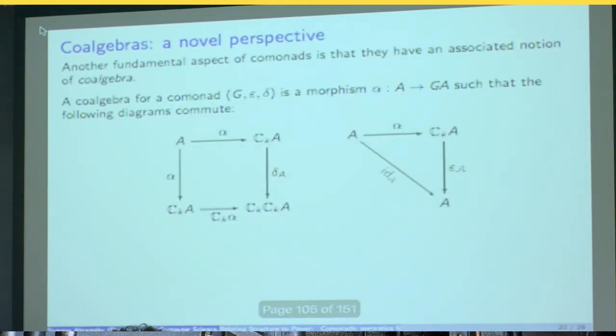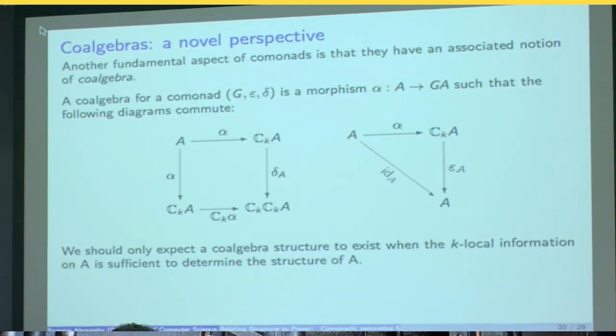Just to see that, if we interpret the completely general coalgebra axioms in our particular case of the Ehrenfeucht-Fraïssé comonad, where you have these lists, suppose we had a coalgebra. How does it look? It sends each element A to some sequence A1 to AI.